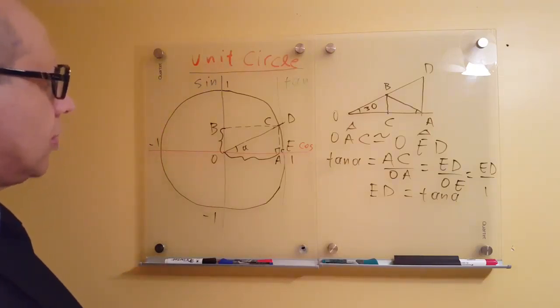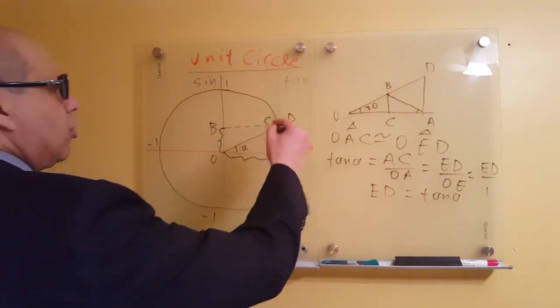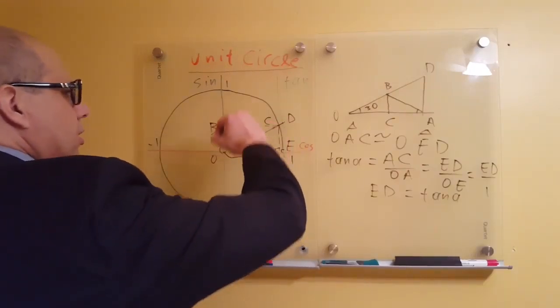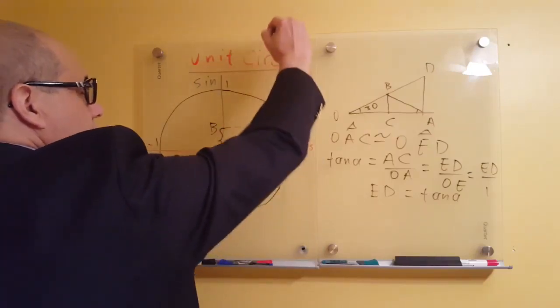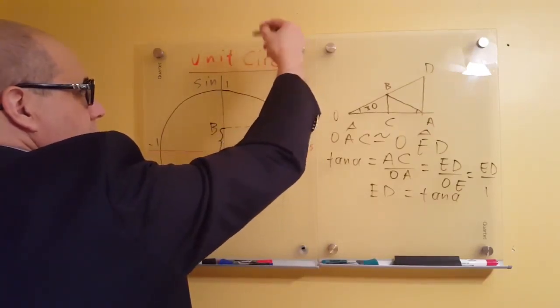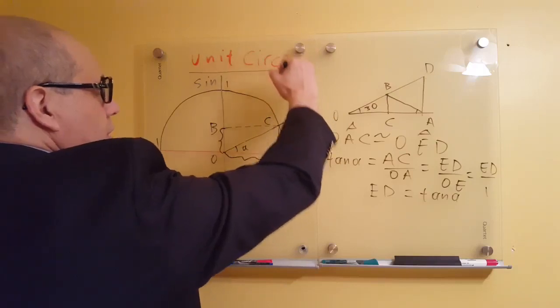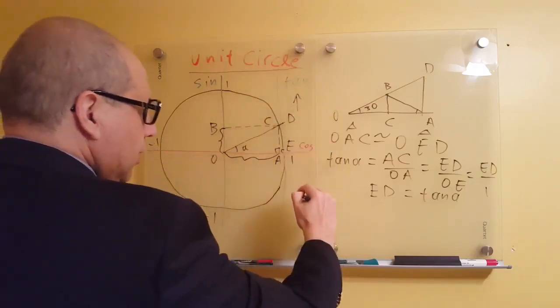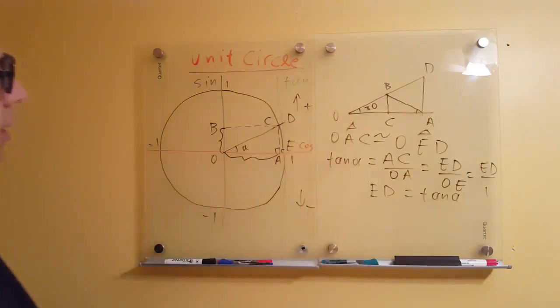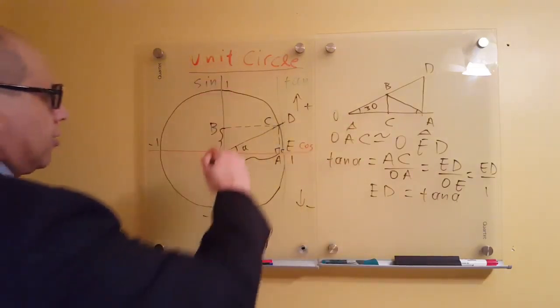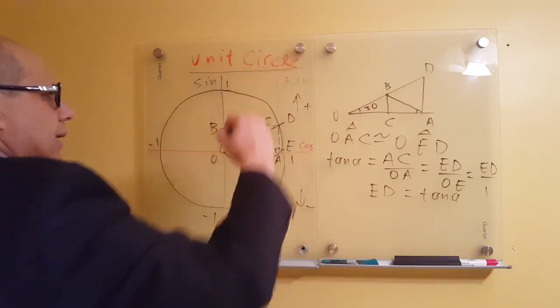Here you can see that the bigger the angle, the bigger the tangent, and of course this way is positive and this way is negative.